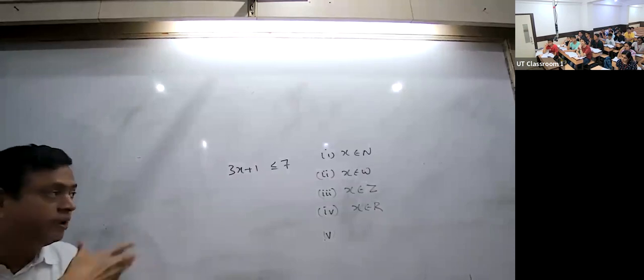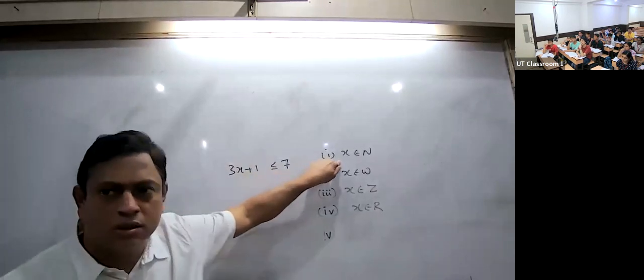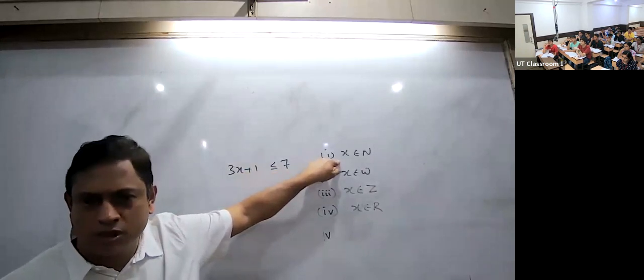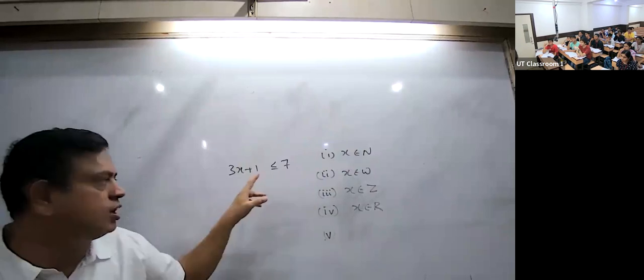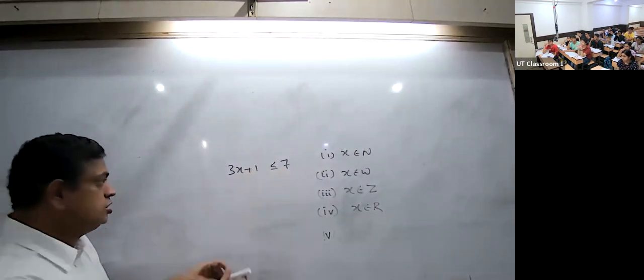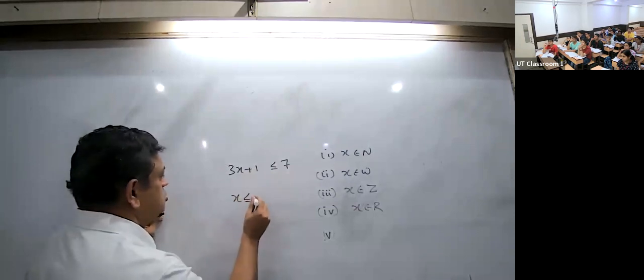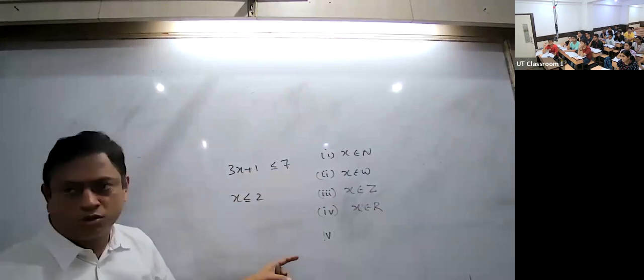Then here, in the first case, your replacement set is what? Whatever the value is coming on the number line. Okay, 1 and 2, isn't it? 3x is less than or equal to 6, so x is less than or equal to 2. Yes or no? Therefore, what is your solution set?